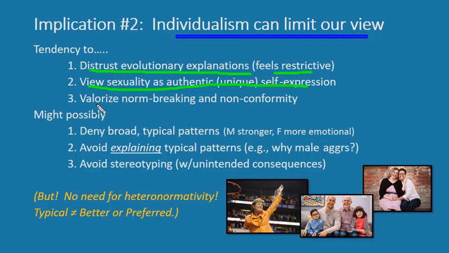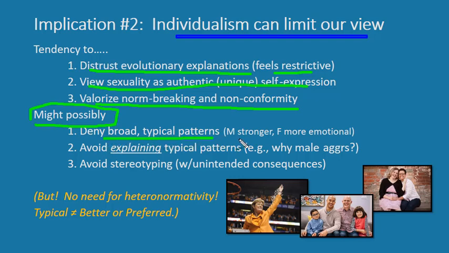And given this Western tendency, we really valorize norm-breaking and nonconformity. And there's a way in which evolutionary explanations can feel kind of oppressive. So this is a sensitive topic, and I'm just throwing out some ideas, but it might possibly be that some of these ways of thinking force us to deny some broad typical patterns.